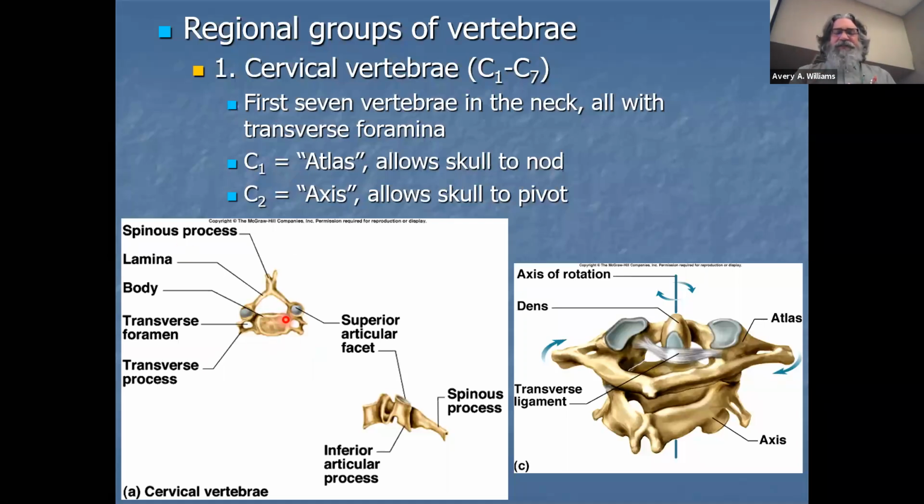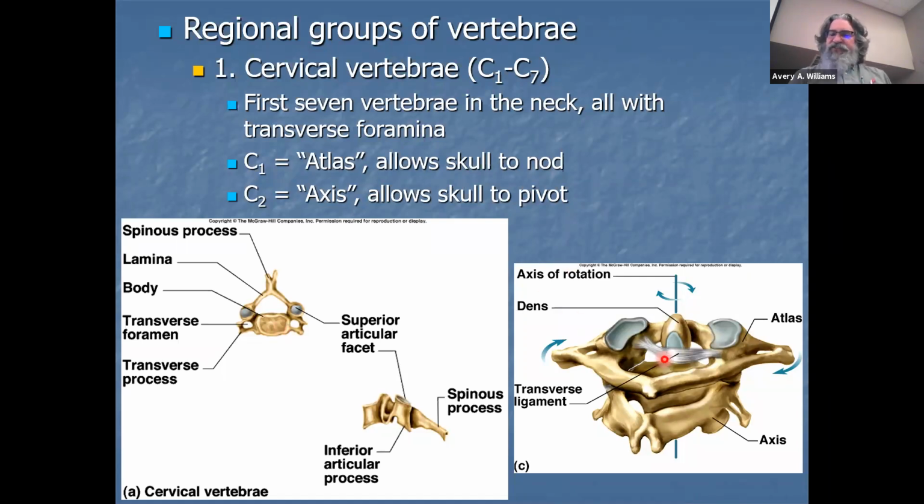But somewhere in the millennia, a mutation occurred. C1's ossification center for the centrum got shifted, and it fused with C2. And so basically the atlas, the first one, doesn't have a centrum anymore.